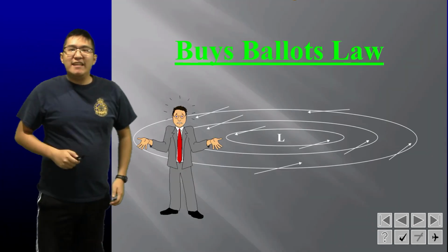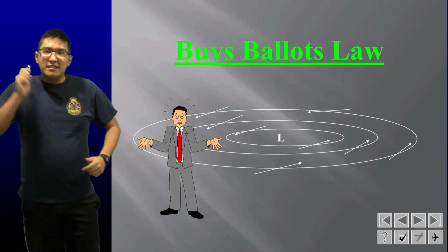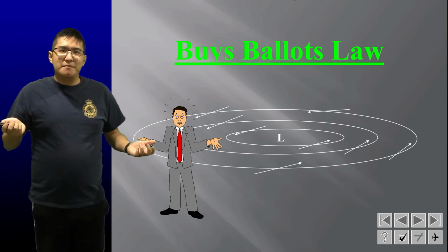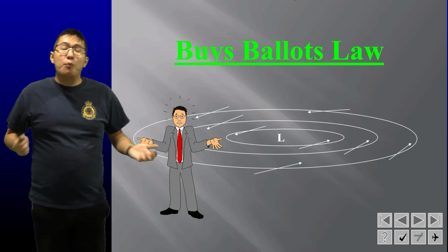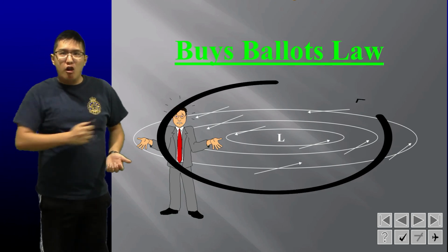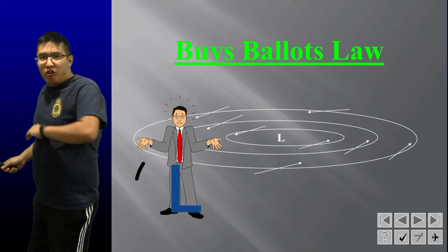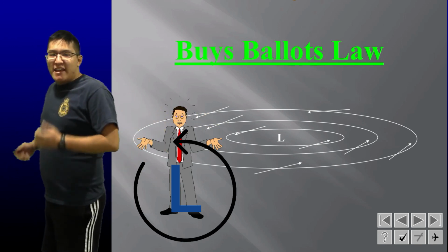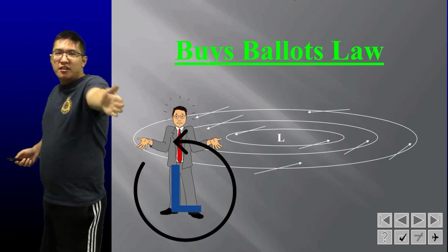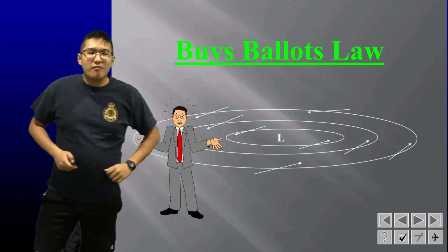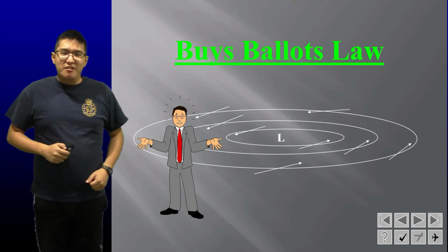The reason for this is that, if you remember, wind flows around a low pressure system in a counterclockwise direction. So if it's hitting your back and it's going counterclockwise, then your low pressure system would be on the left. Go ahead and try it at home if you like.